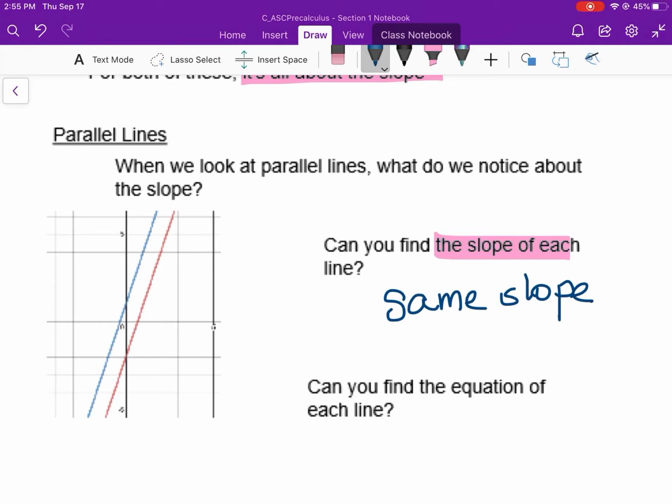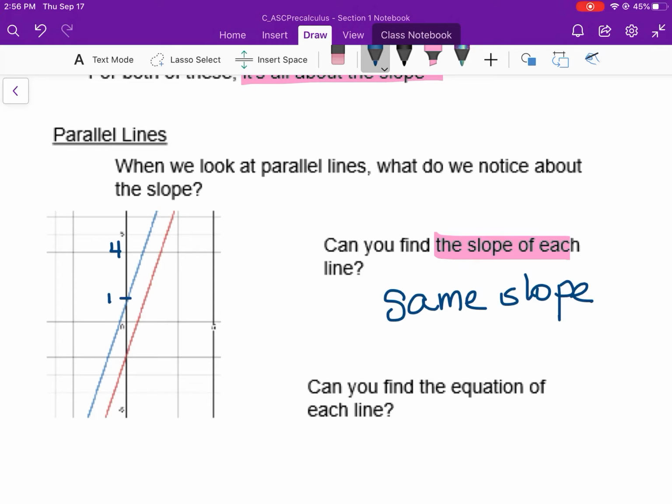Let me see if I can pull up these PDFs so I can see them a little bit better. Okay, so this is the blue line. This is supposed to be 1, and this is supposed to be 4.